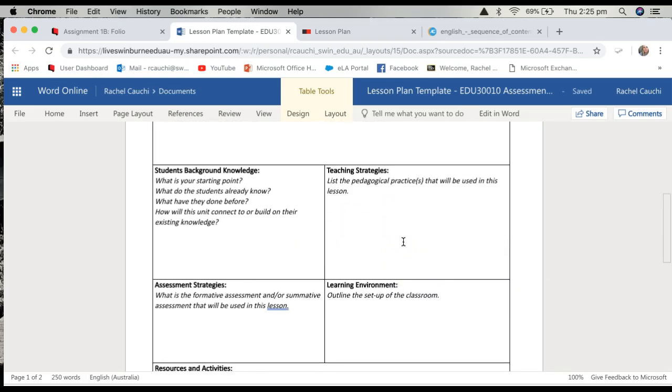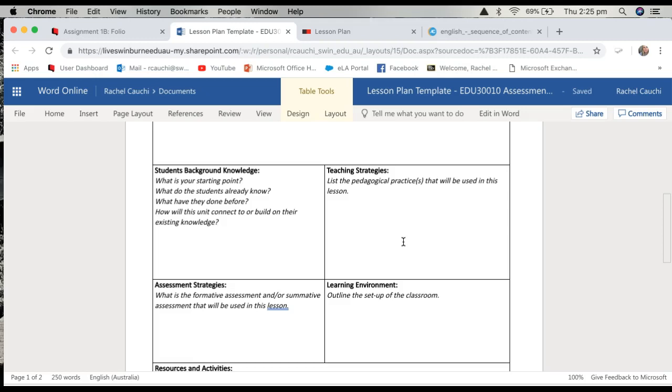Just remember that we are always keeping the idea of diverse learners in the back of our minds. So when we're thinking about the teaching strategies and the pedagogical practice that we're going to use, we do need to realise that although you might pitch it as a grade 4 lesson, we're always going to assume that there's a diverse need within every classroom, as there always is, and that differentiation needs to occur.